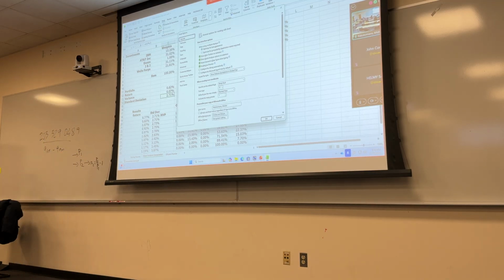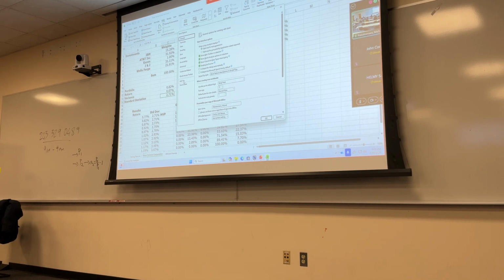So what you need to do is scroll down the menu, the left panel, until you see what? Add-ins. Add-ins. Click on Add-ins.